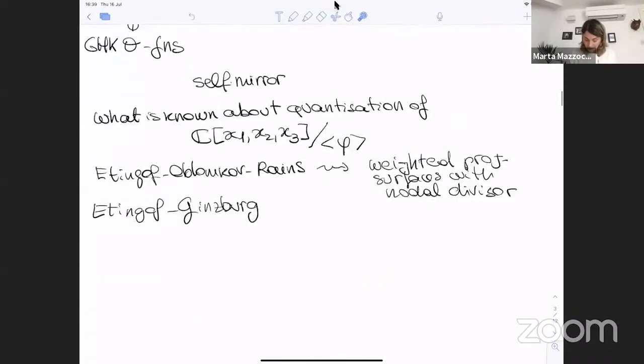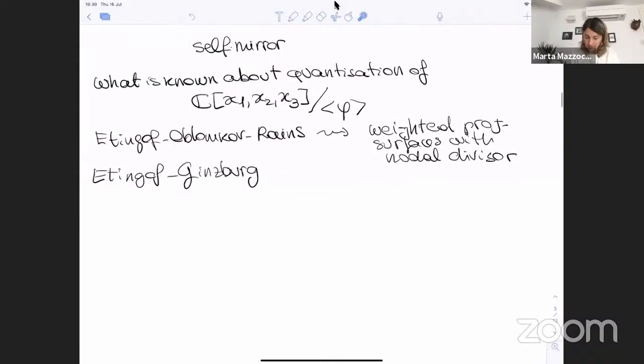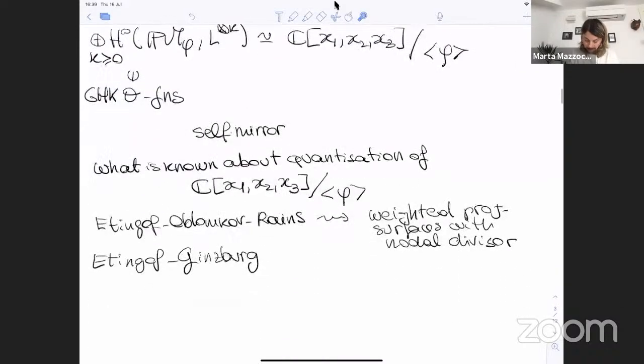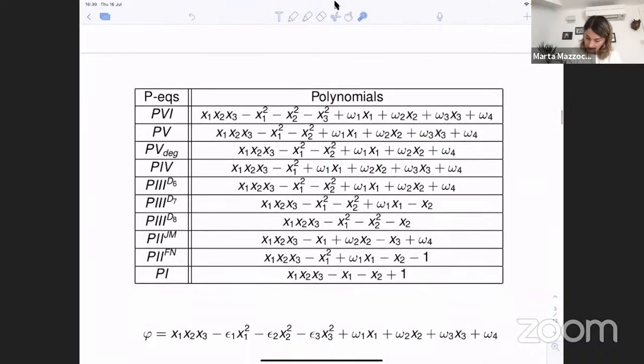All right, so let me in fact come to this. But before I do that, there are some things I want to say about this example of Gross, Hacking, Keel, and Siebert. So here I wrote the example again.